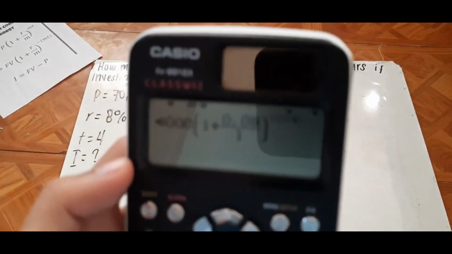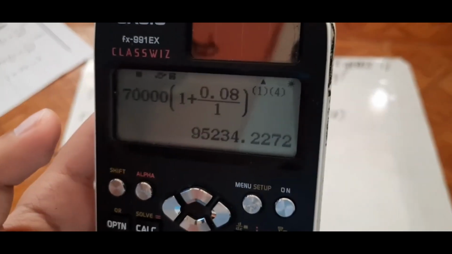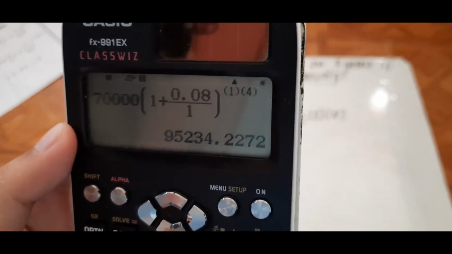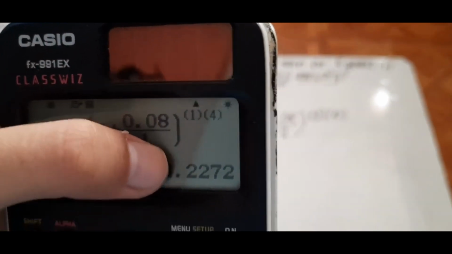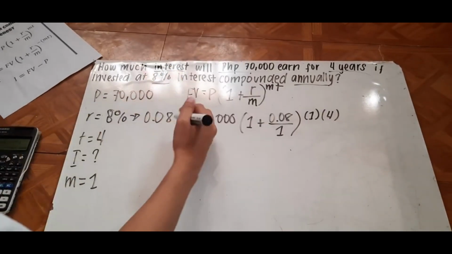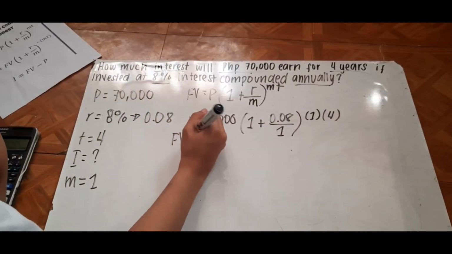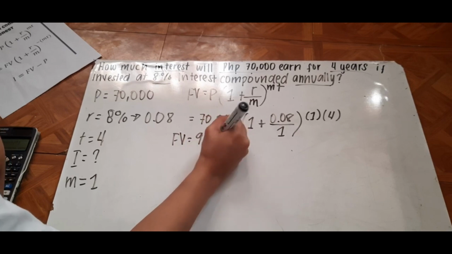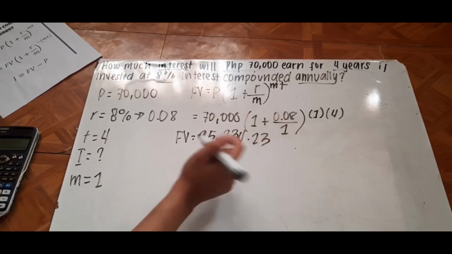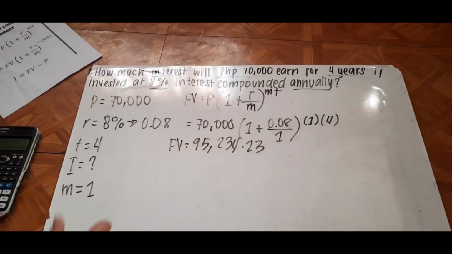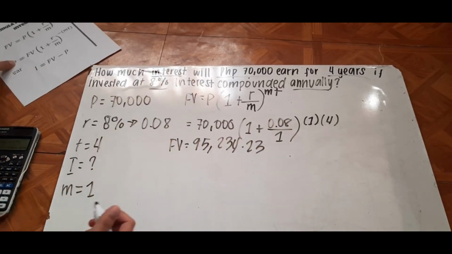So in here, the answer would be 95,234.23. We have to round it off to the second decimal place. So the future value is 95,234.23. But this is not the final answer since we're looking for the interest.